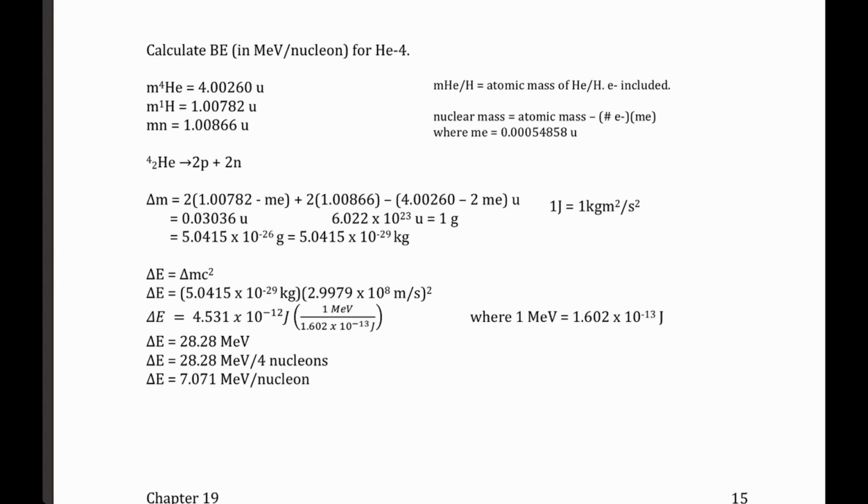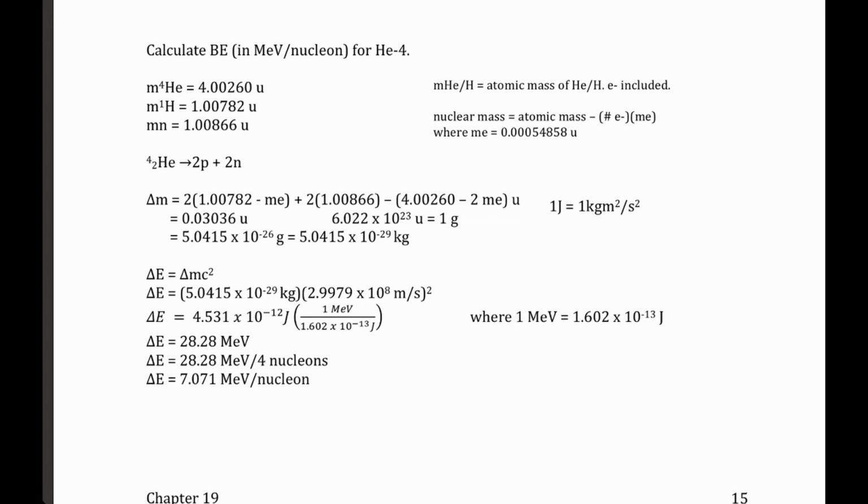Now we are given atomic masses, so we have 2 times the mass of the hydrogen minus 1 electron, minus Me, plus 2 times the mass of the neutron, and then minus the atomic mass of the helium minus 2 Me, because it contains 2 electrons. And that's in the atomic mass unit.